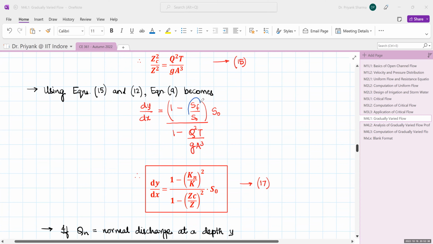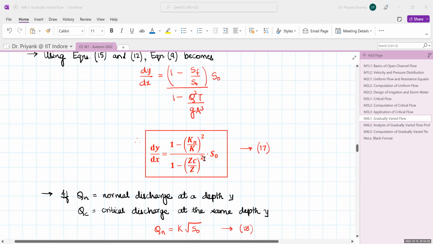So this is in terms of conveyance that we are substituting here, and this is in terms of section factor. So the final equation is dy by dx is equal to 1 minus Kn upon K the whole square upon 1 minus Zc by Z the whole square into S naught. So this is another form of your gradually varied flow equation.